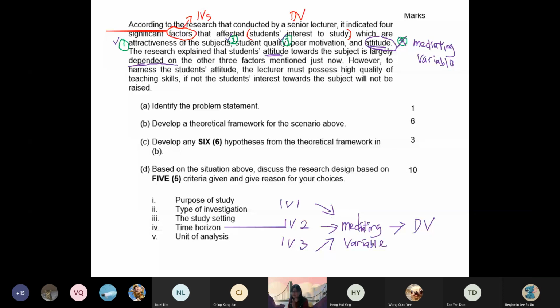In your exam, remember to state down these are the independent variable, and on top of those variables, the mediating variable and the dependent variable. Remember to state them down.